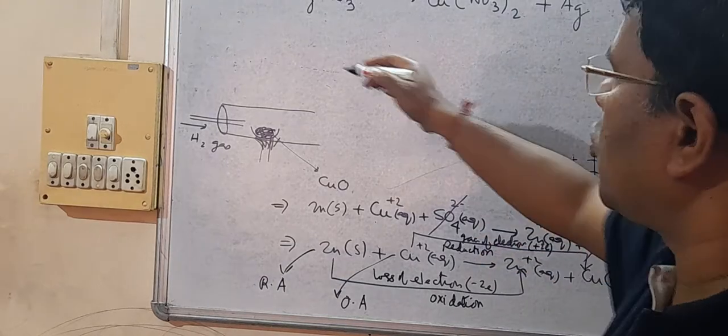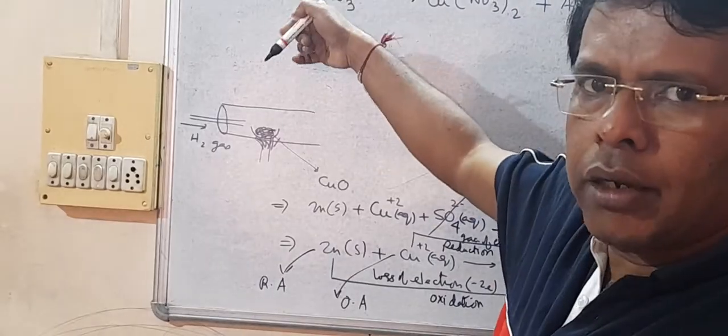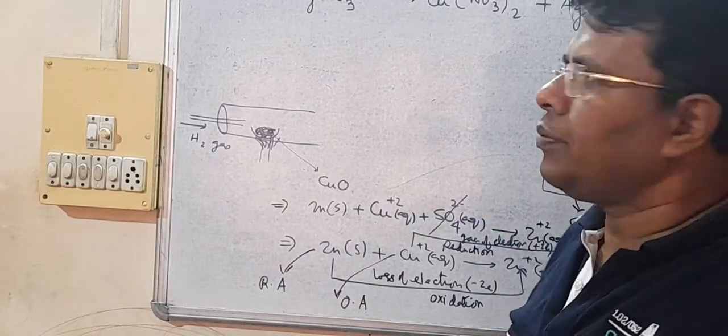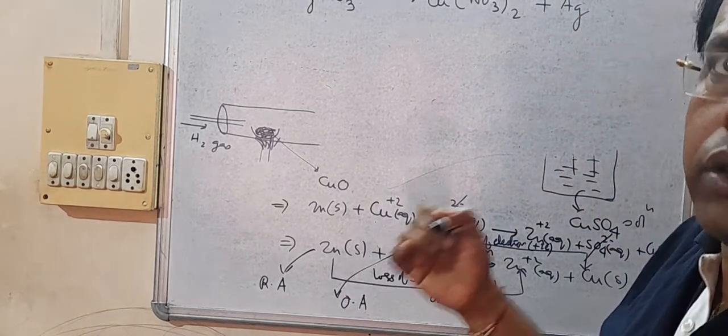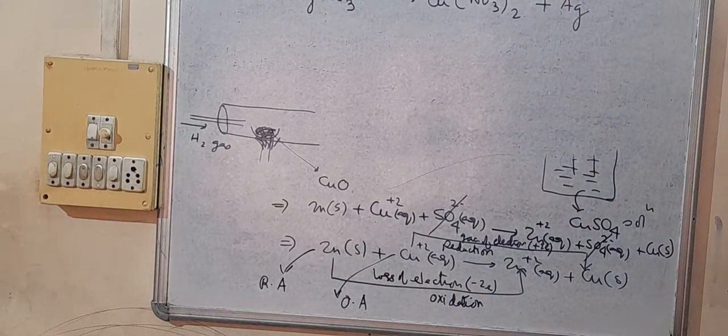Suppose we have a copper rod dipped in silver nitrate solution. If we have a copper rod dipped in silver nitrate solution, then this reaction is going to take place.